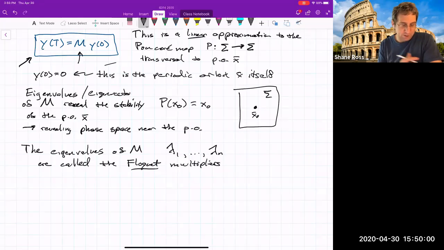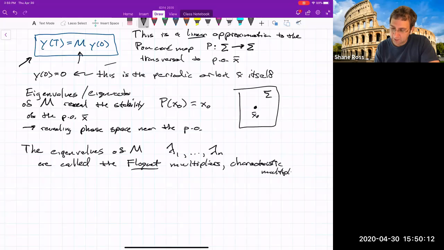I prefer names that don't have someone's proper name attached, so I sometimes call it the characteristic multiplier, and you might see that in books too. So it's either called a Floquet multiplier or a characteristic multiplier.